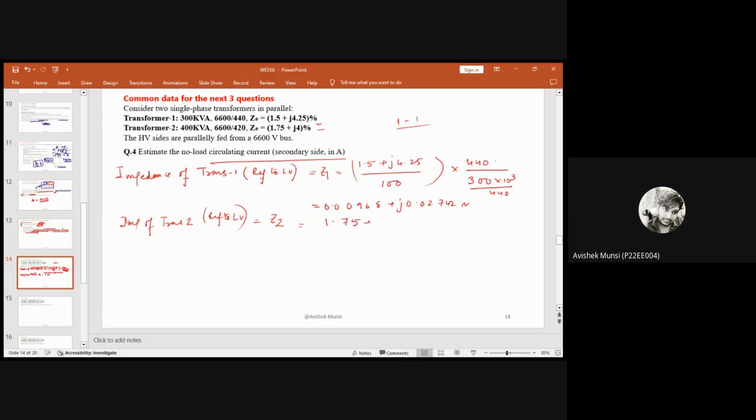So here the impedance is given as, say, 4 by 100, into that. If you solve it, the Z2 value will be around 0.0175.